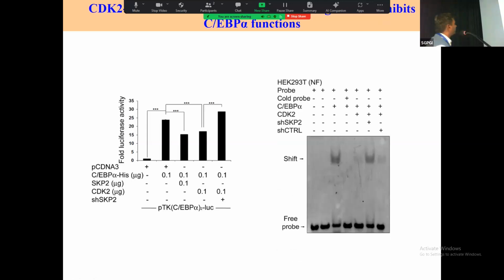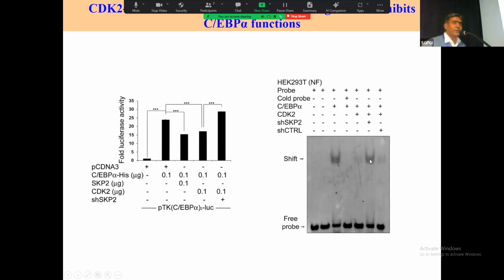We further confirmed through gel shift, where CBP alpha binding was there when CBP alpha alone was given, but with CDK2, because there was very little CBP alpha since it was downregulated, there was no binding in this condition. This is cold probe. And when we depleted SKP2, binding was again restored here.